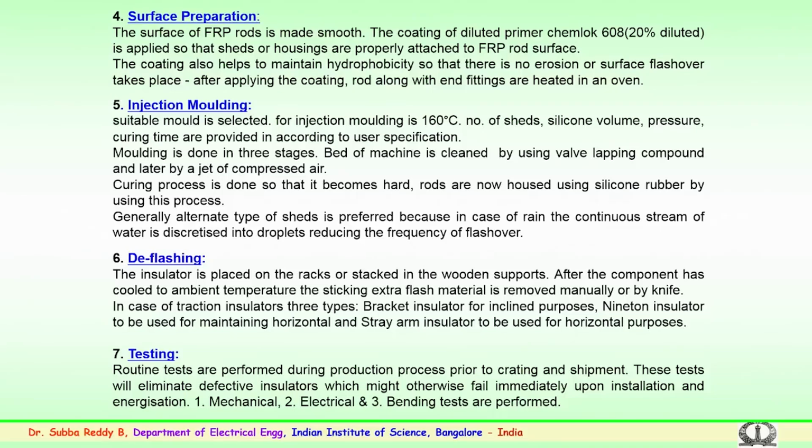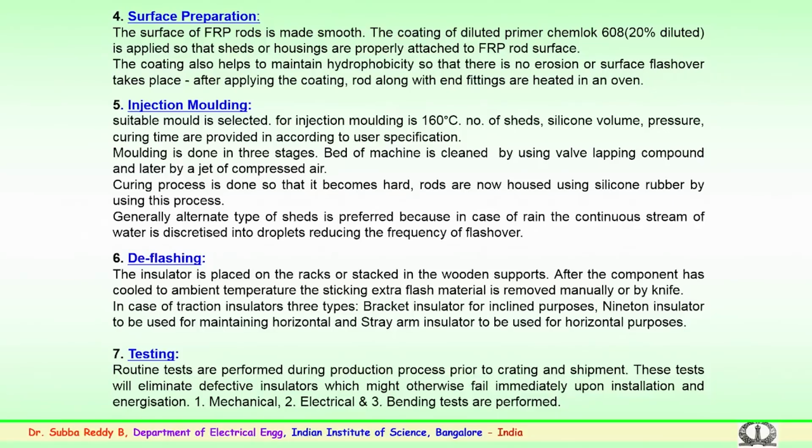These coatings help to maintain hydrophobicity, so that there is no erosion of the material or surface flashover. So, the material is applied along with the end fittings, and heating in an oven to a temperature will help in the proper surface, which further goes for the molding.